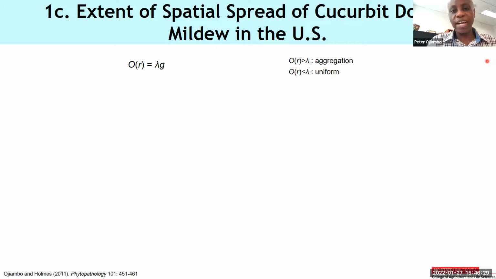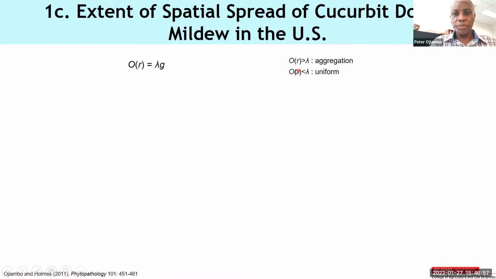To address this problem of how far the inoculum moves, we utilized what we call point pattern analysis, basically looking at the occurrence of the observations in time and space, and trying to figure out how they are correlated, or if they have a pattern in a particular space and time. We used the O-ring statistic, which is given by this equation, where lambda is the intensity of the spatial process and g is the pair correlation function.